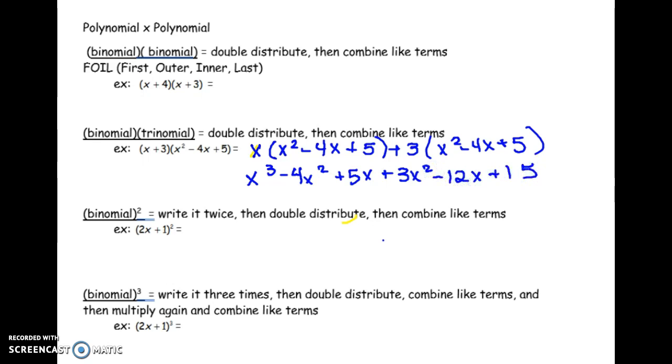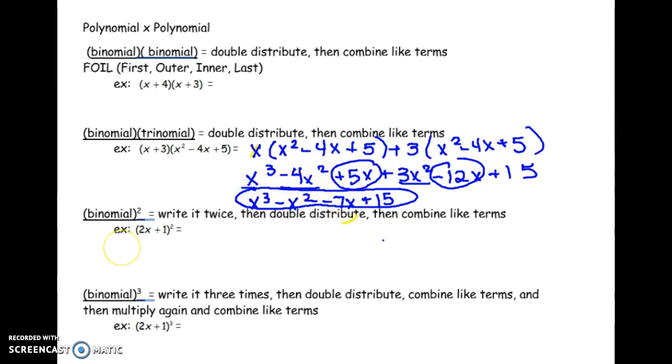Okay, so now we're not done because we've got to combine our like terms, so we'll get x to the third minus x squared, and then a 5x minus a 12x is a negative 7x, and then we have our 15. Notice I start at the highest degree and I go down.